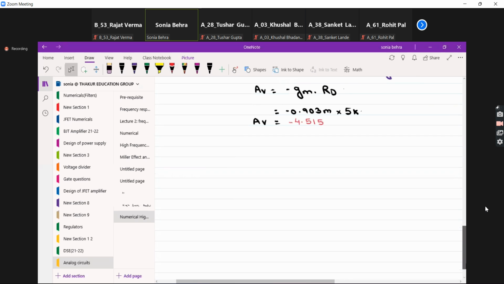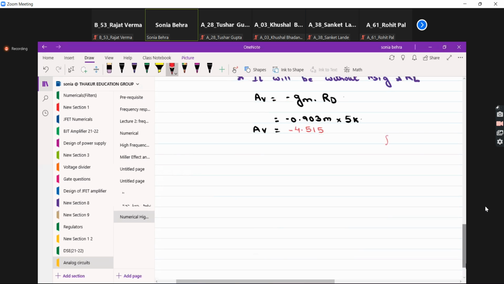Let me write it over here in brackets. The values of CGS and CGD given to you: CGD is given to you as 0.2 pico and CGS is given to you as 2 pico. These CGS and CGD are given in the question. I won't have to go up again and again, so I have written it here.